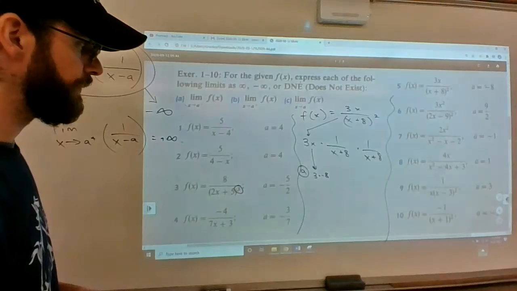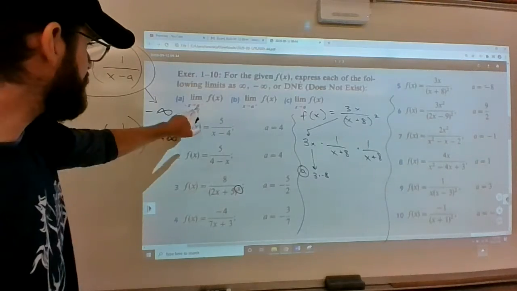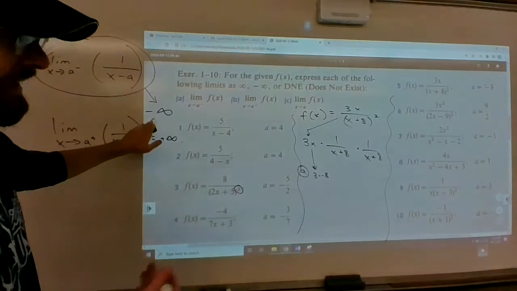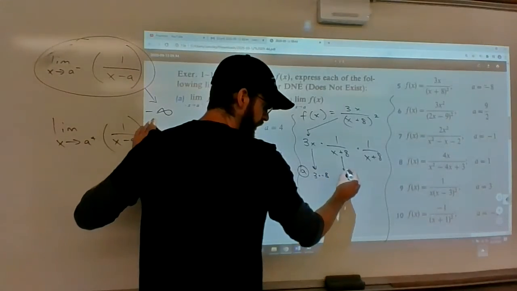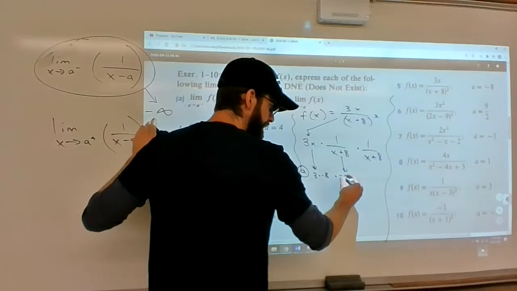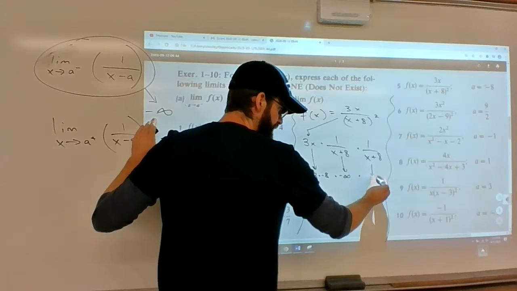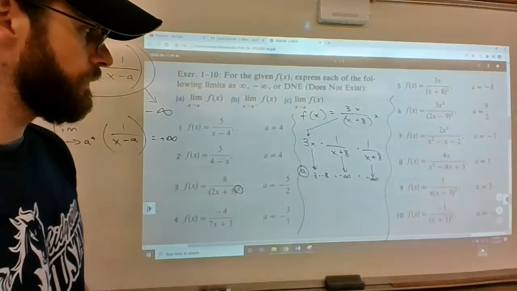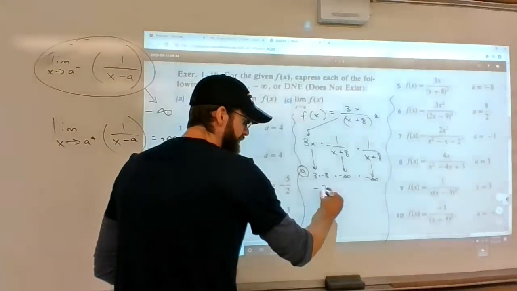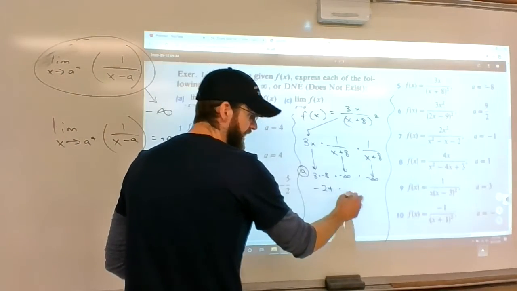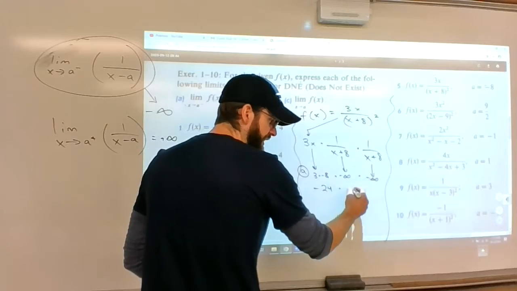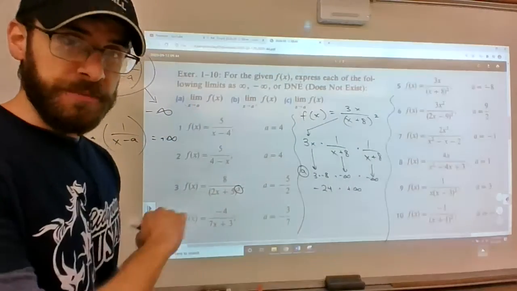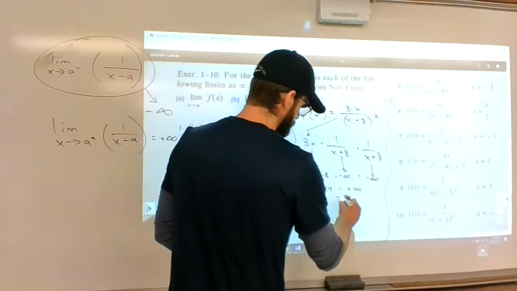Then I'm using, from the left, that formula of it's got to be negative infinity for this part. And then same thing for this one. That gives you negative 24 times a negative infinity times a negative infinity would yield a positive infinite value. But you're multiplying by negative 24.